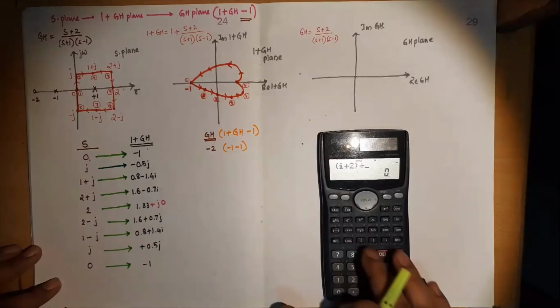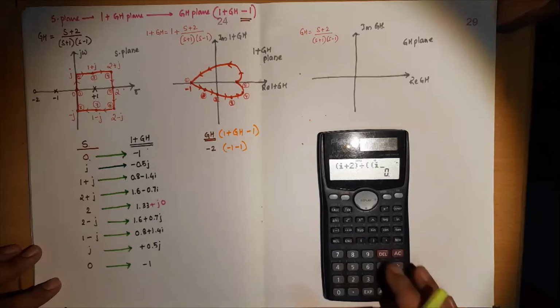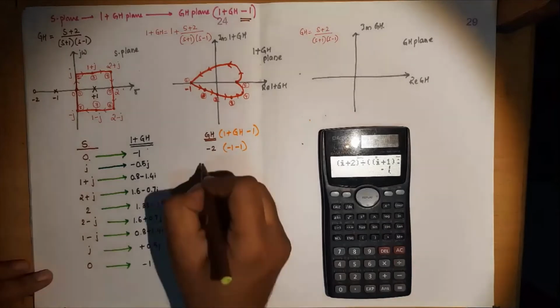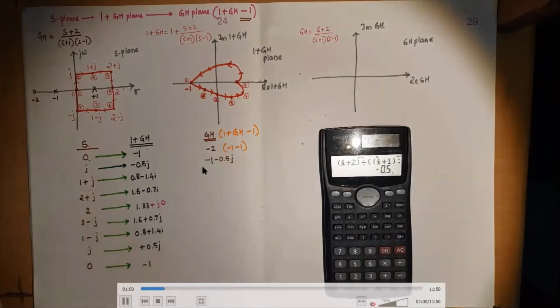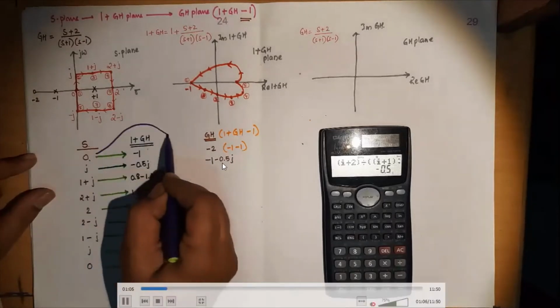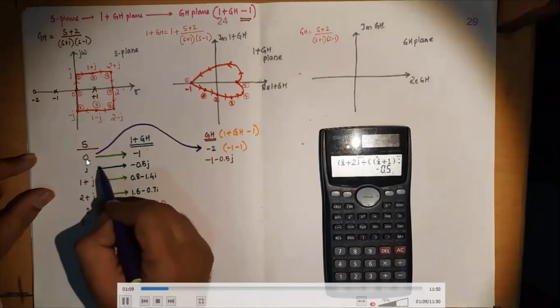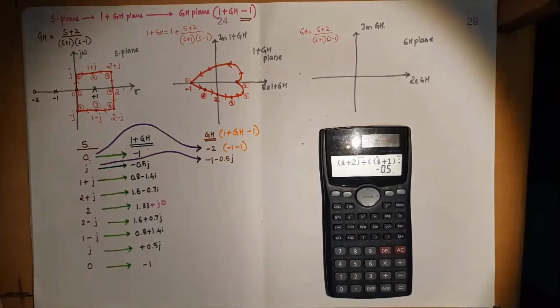What I mean to say is, no need to substitute every point again. Just subtract minus 1 from all these points so that you can directly plot the mapping. So let us see. For this also, you will get minus 1 subtracted from the real part, minus 0.5j as it is. So the first point has been mapped to this, the second point has been mapped to this from the S plane.